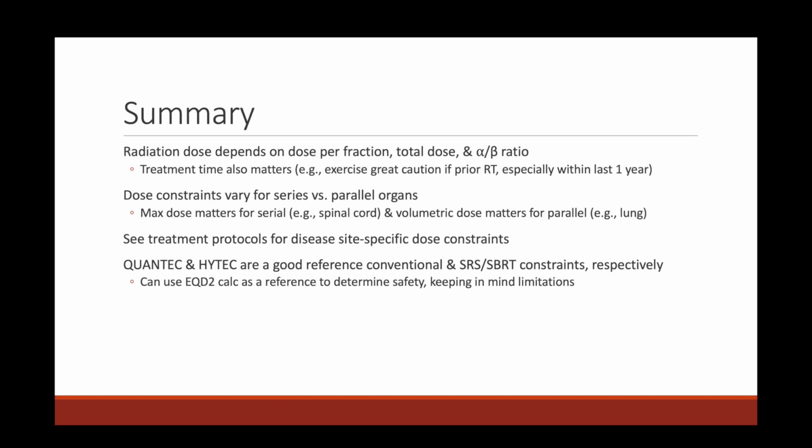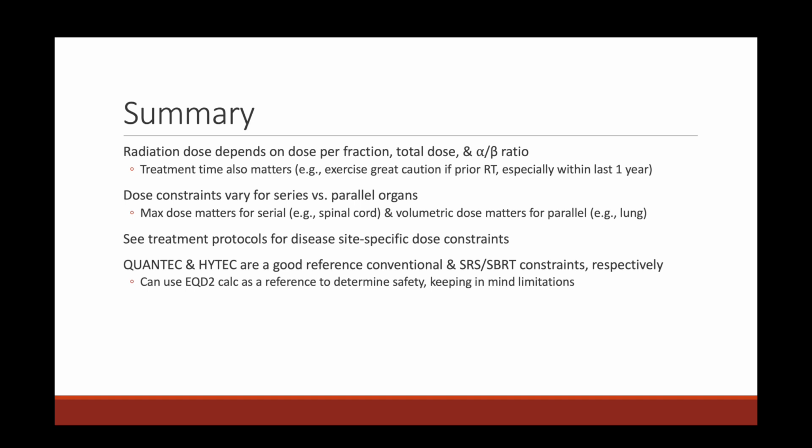If you're treating very consecutively in time, then it's almost as if it's part of the same course, is how I would think about it. So treatment time does matter a lot. And over time, the body forgets some of the radiation, but not all. But that is a more complicated issue for a later day.